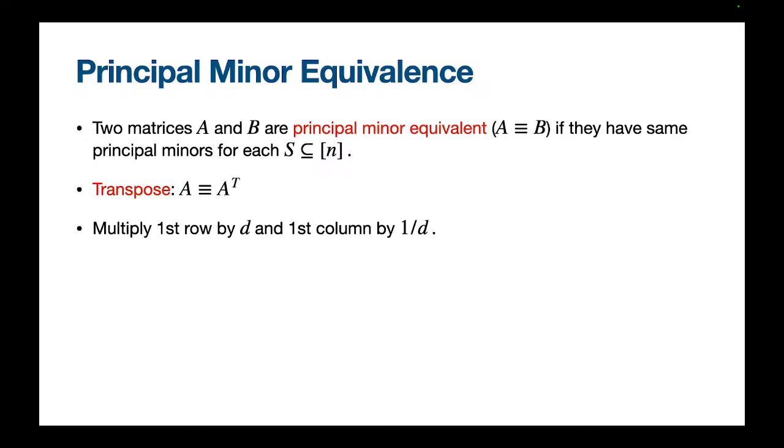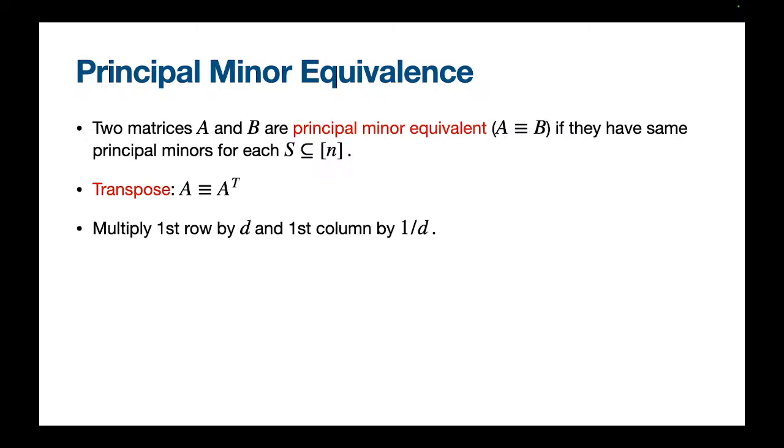Because first of all, the rows and columns from 2 to n are not changed, so any principal submatrix that is contained in them is not changed. And for the principal minors that contain the first row and first column, when we expand their determinant, d and 1 by d cancel each other out in each term of the determinant.